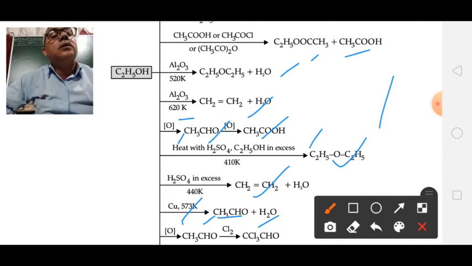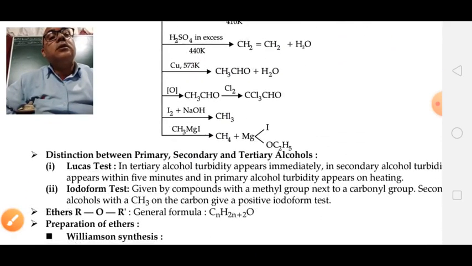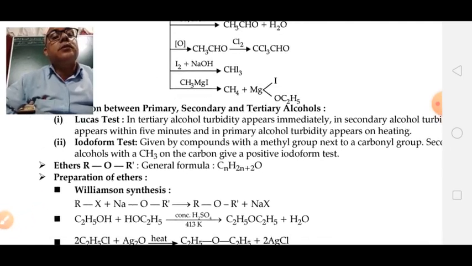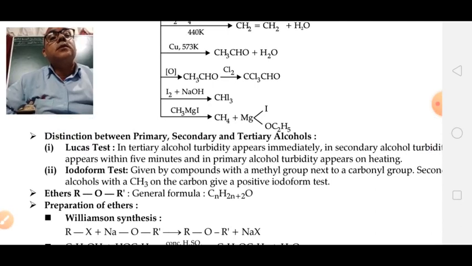Okay, these are some properties of the alcohol. Here are some more. This is the reaction.